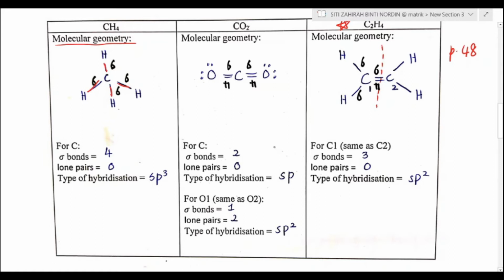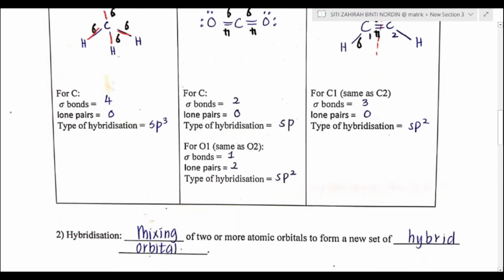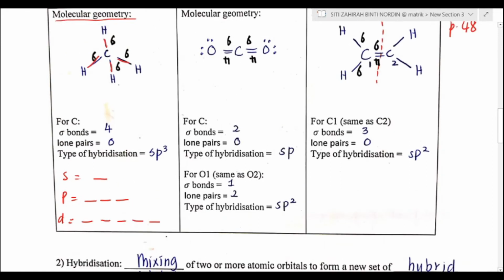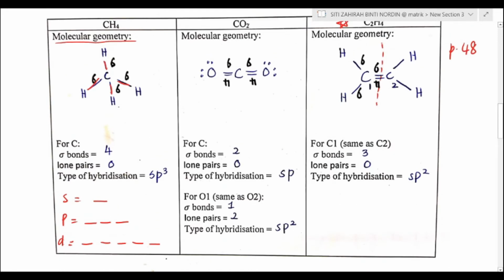Remember back in chapter 2 when we learned that s has 1 orbital, p has 3 orbitals, and d has 5 orbitals. So 4 plus 0 would be 4. How are you going to fill in these 4 electron pairs into the s, p, d orbitals? Fill 1, 2, 3, 4.